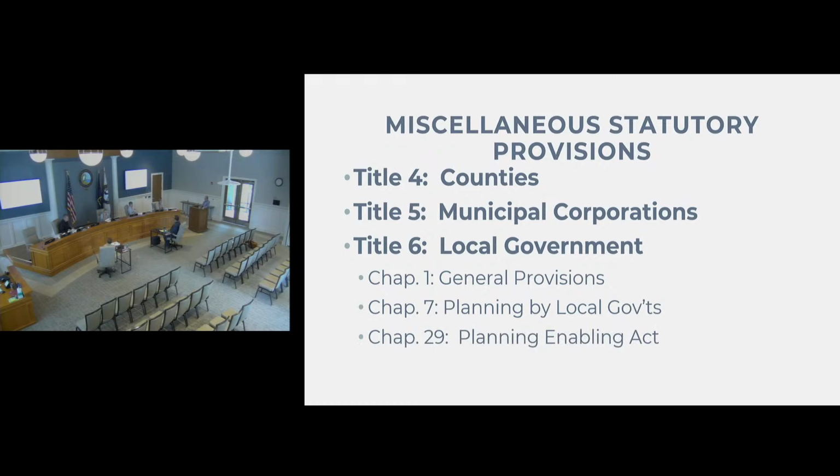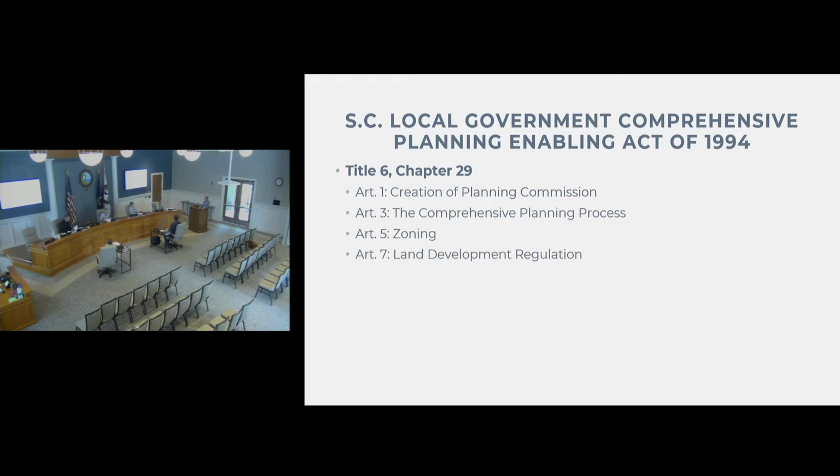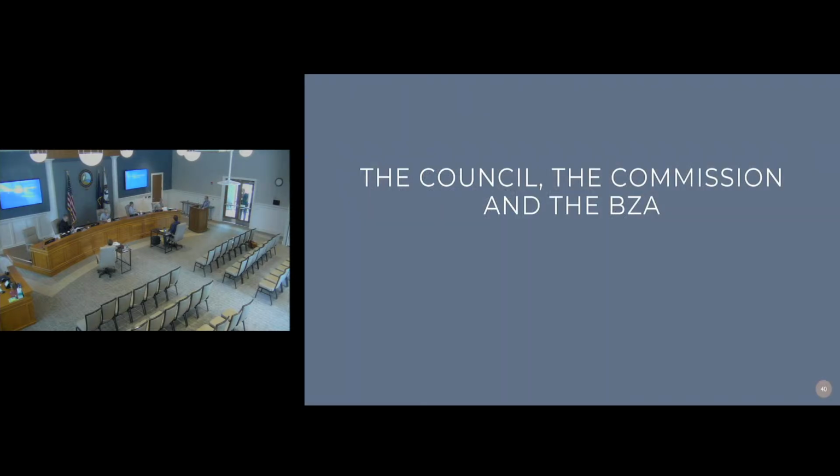As you can see there, Chapter 29, the Planning Enabling Act, sets forth rules related to the Planning Commission, its creation, comprehensive planning process, zoning, land development regulations, creation of the BZA, the Design Review Board, et cetera. In addition to these, you've also got the Development Agreement Act, and then, of course, vested rights here. That's the statutory context within which my presentation will sit.